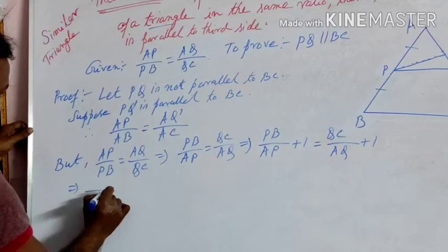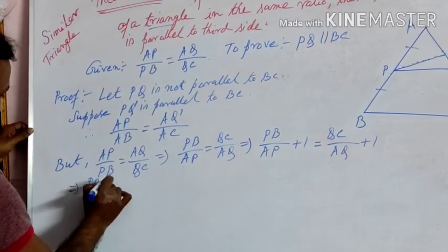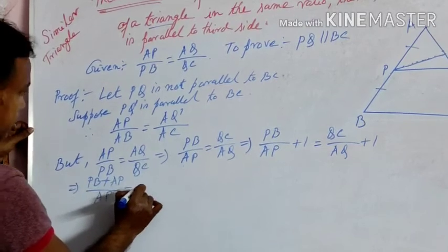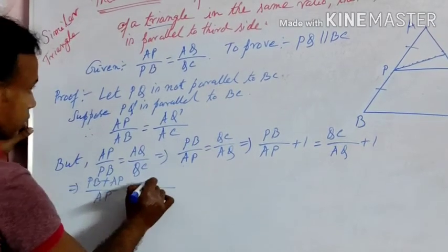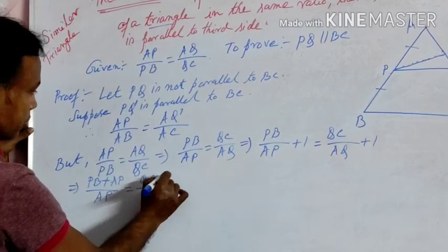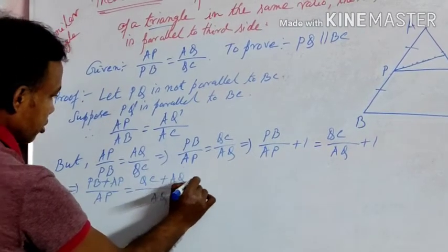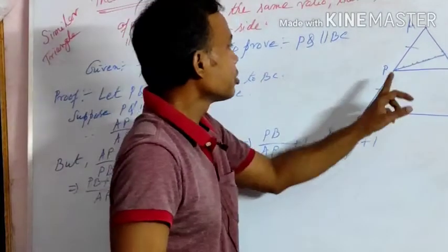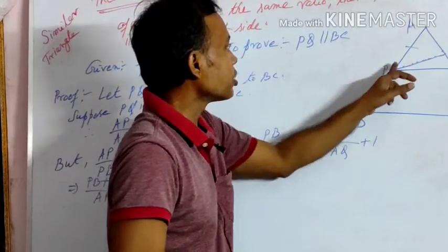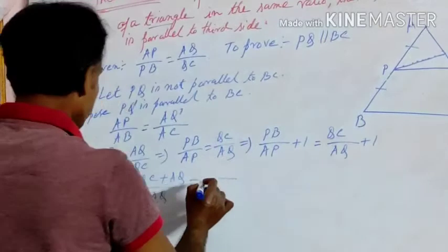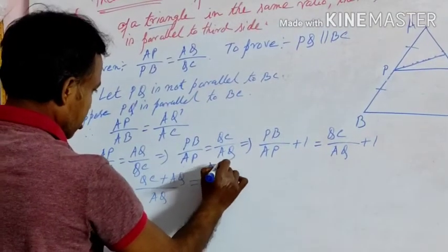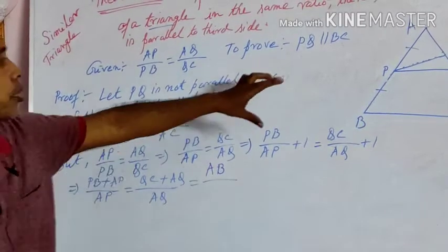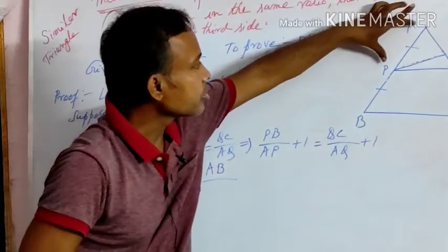Taking the LCM, PB plus AP over AP is equal to QC plus AQ over AQ. PB plus AP is AB, and QC plus AQ is AC.